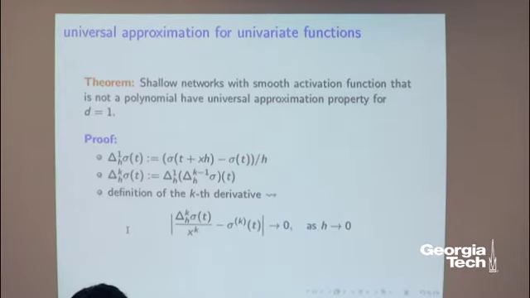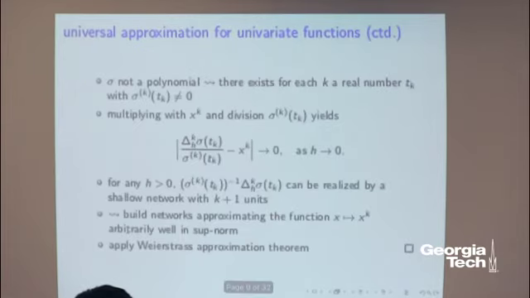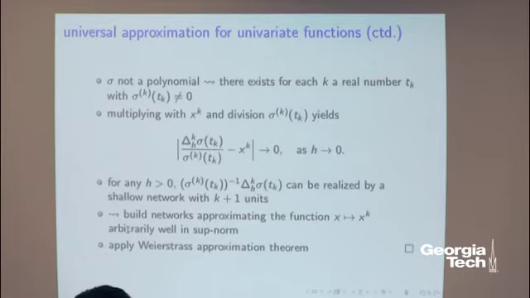So actually what you can show is that in order to generate the kth order difference, m has to be k plus 1. So that means this one you can realize by a shallow network with k plus 1 units.